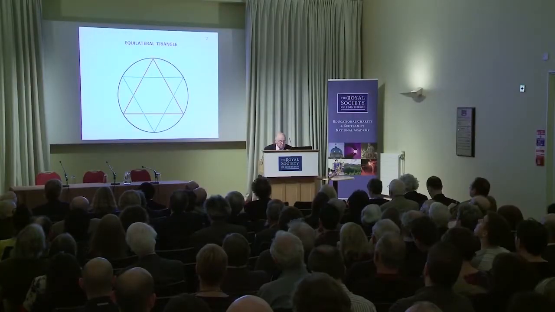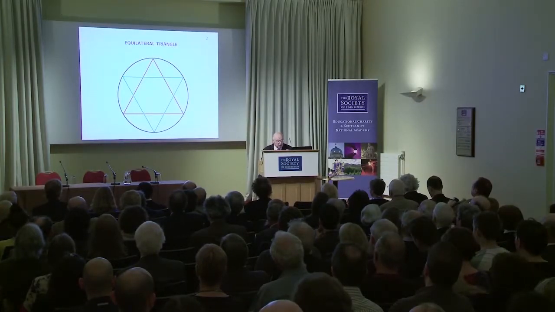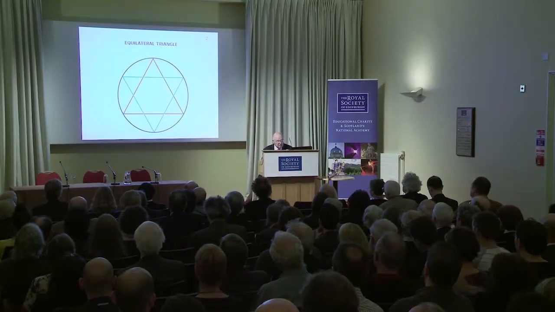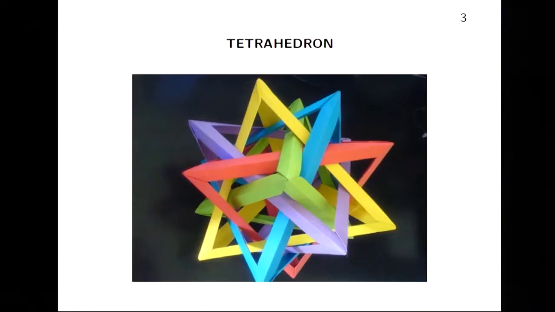So now let us move on to something a little bit more interesting. You all know what the equilateral triangle is. Well, I hope you all know what the next one is. If I press the right button, let's try this one. Now you may not recognize this one immediately, but a little reflection will tell you it comes from the tetrahedron, by the way. You start with the tetrahedron, which is the simplest thing after a triangle in 3 dimensions.